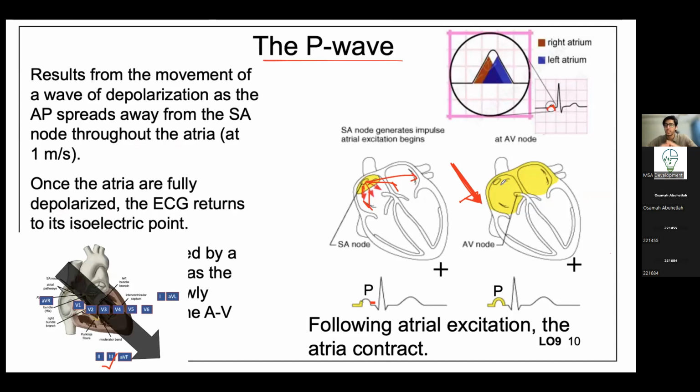Now, once you add the waves of depolarization together, mathematically, physics-wise, all that stuff, you don't need to know it, you're going to find that all the waves of depolarization summated are going to point downwards and towards the left, basically towards the apex, right? So if we have the positive electrode of lead 2, looking at the heart from below, and we have a wave of depolarization spreading towards me, I'm going to have a positive deflection, which is known as a P wave. Is that clear now?